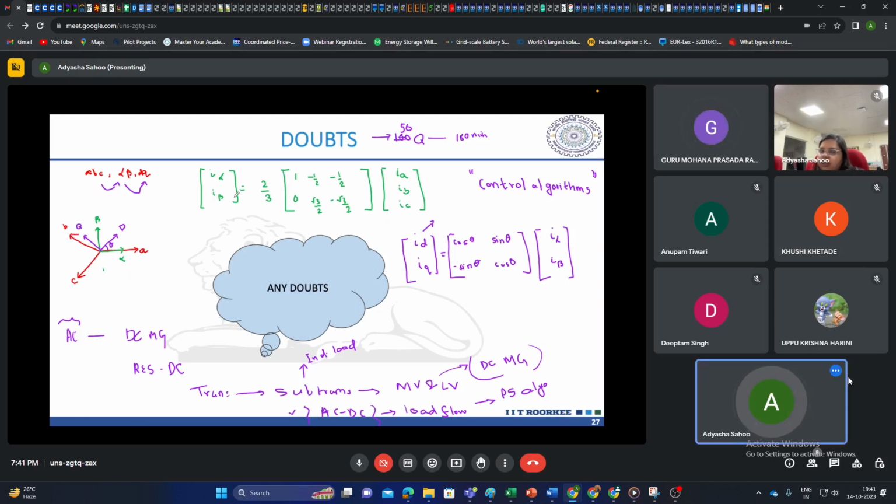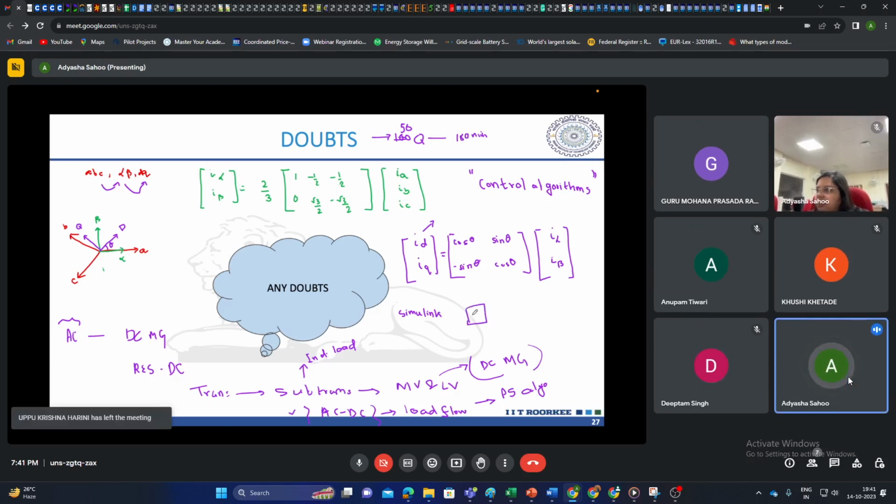Yeah. It will be basically the multiplication of both of these, right? And this we don't do physically in the MATLAB and Simulink platforms. So basically, there are blocks for this. If you call that block, it will have the inbuilt function. So you give them the ABC and they will directly transform it accordingly to alpha, beta, or DQ.